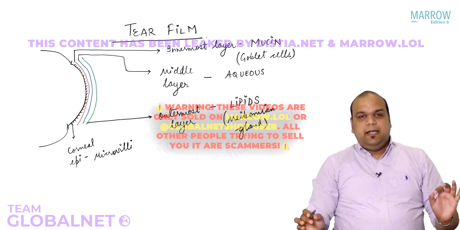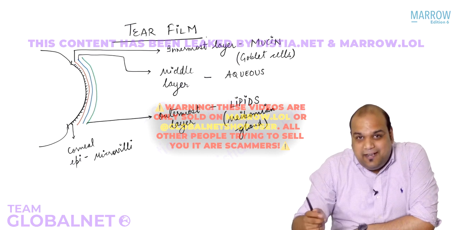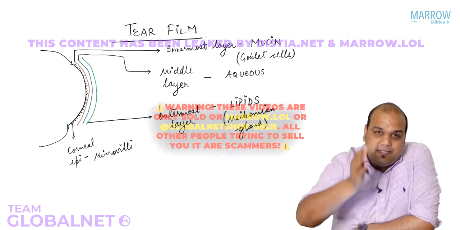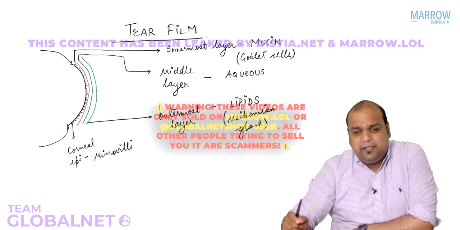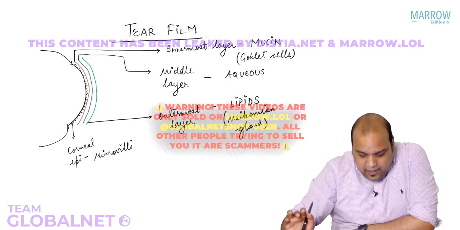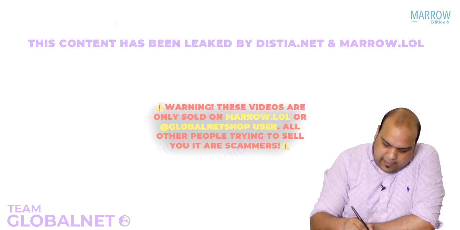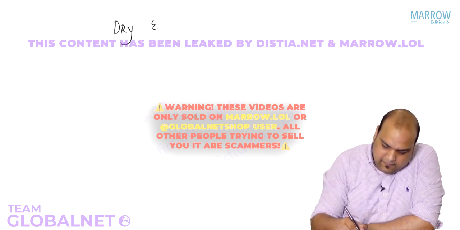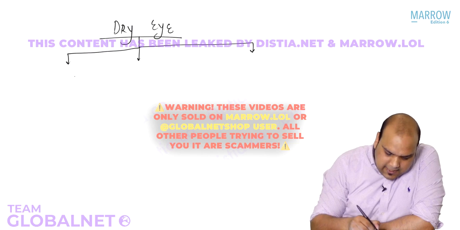So I hope we understand now how the tear film is formed, what is the specific function of each of the layers. Mucin is giving adhesion, aqueous is giving wettability, and lipid is preventing the evaporation, and where they are secreted from. Yes? If we know this, everybody, then we can understand that dry eye can be of three types. The first, I am saying aqueous deficiency.